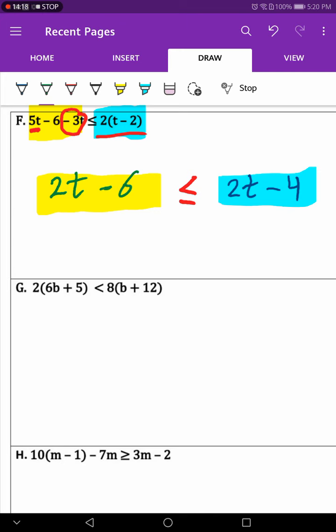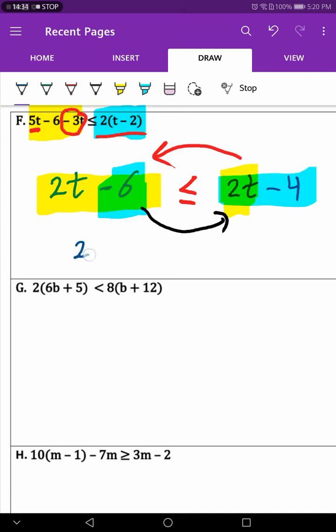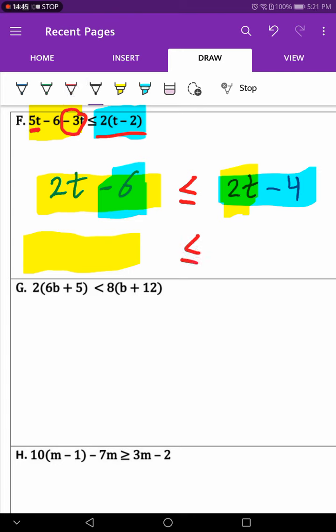Now I will move this here. I will collect the variable on the left side and the numbers on the right side. Okay, this is the yellow side and this is the blue side.